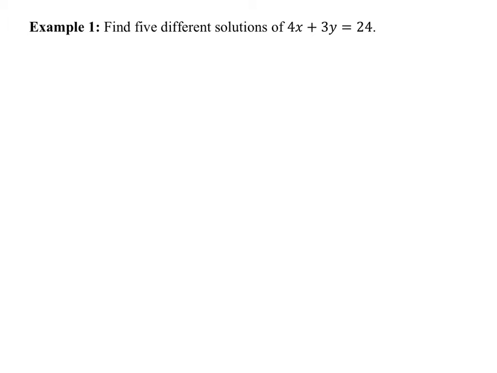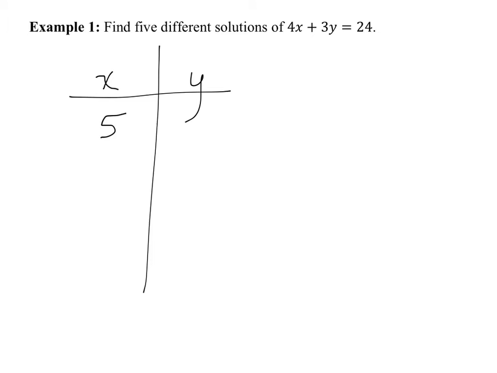Let's say, for example, give me a value for x, Ryan. It doesn't matter which one. 5. All right, so if x is 5, what does y become? How do I figure it out? Exactly. Plug in the 5 for x and solve the resulting equation. So if I plug in a 5 for x, I get 4 times 5 plus 3y equals 24.